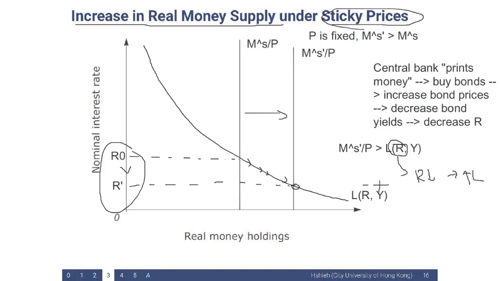Which way should the money supply curve shift, left or right? This is the origin, and so moving away from the origin in this chart means increasing. So if we have increase in MS prime, that means MS over P is also increasing and therefore moving to the right.